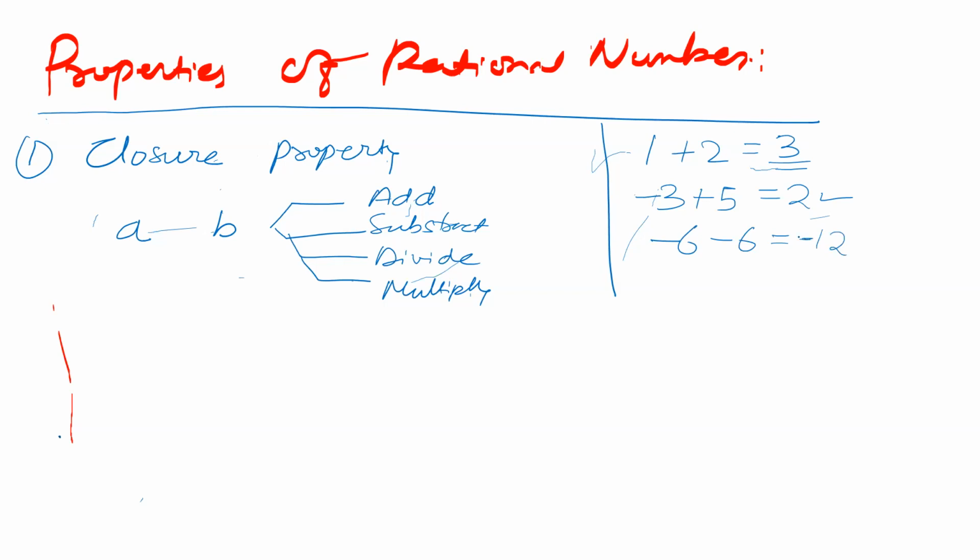Here we are not multiplying. If these two numbers were in multiplication, 6 multiplied by 6 will give us 36. Always remember this. In multiplication, when minus is multiplied by minus, we get plus.